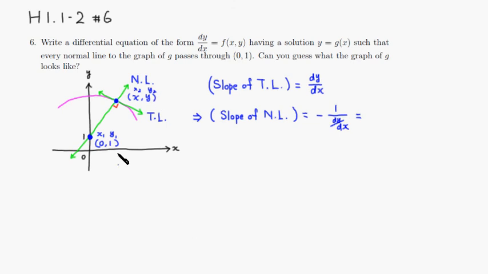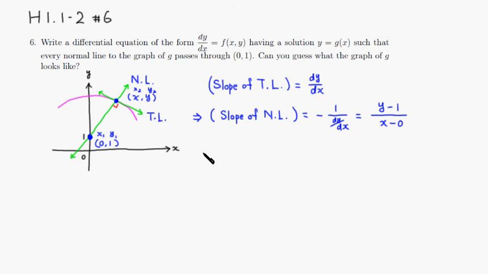The slope formula tells you it's y2 minus y1, which is the rise, y minus 1, over x2 minus x1, which is the run, x minus 0.